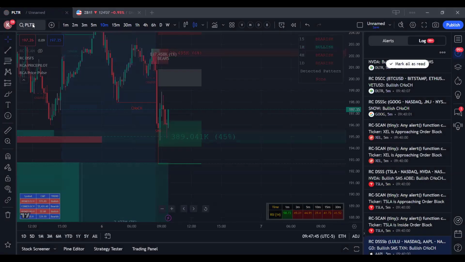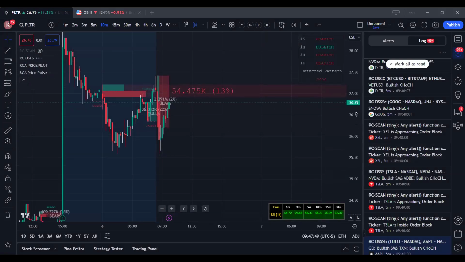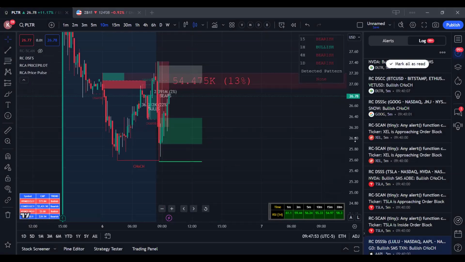So you can see how PLTR is maybe at 26.8 plus. So my puts are making money. Stocks are making money.